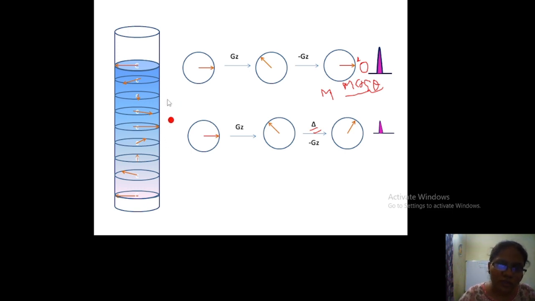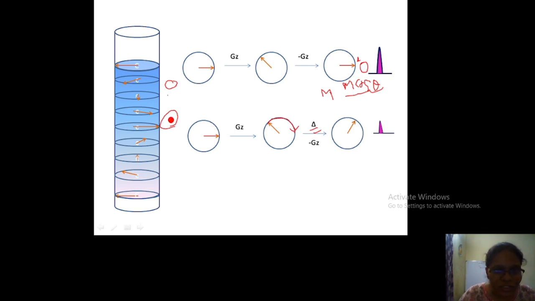So when it diffuses from one position to another, for its magnetization vector to get back to its original position, it should experience the same magnetic field as when it was present here, right? For complete rephasing of this magnetization vector, this molecule should experience the same magnetic field that it experienced during the first gradient.